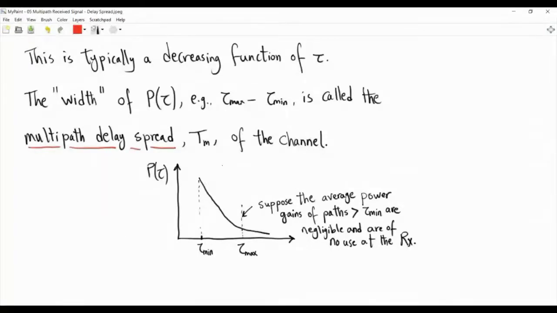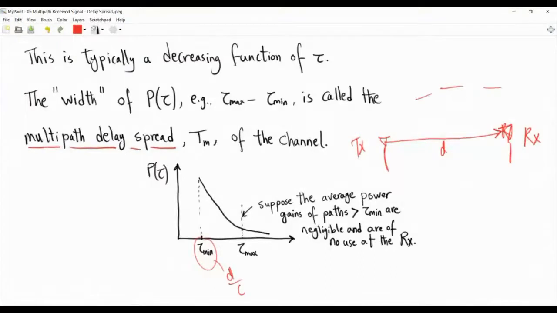So when you transmit your signal, this is the transmitter, this is the receiver. If there is a line of sight between the transmitter and receiver, then the shortest delay will be along the line of sight, and this will be tau min. If this distance is d, this will be d over c. But you don't just get this path in a multipath environment.